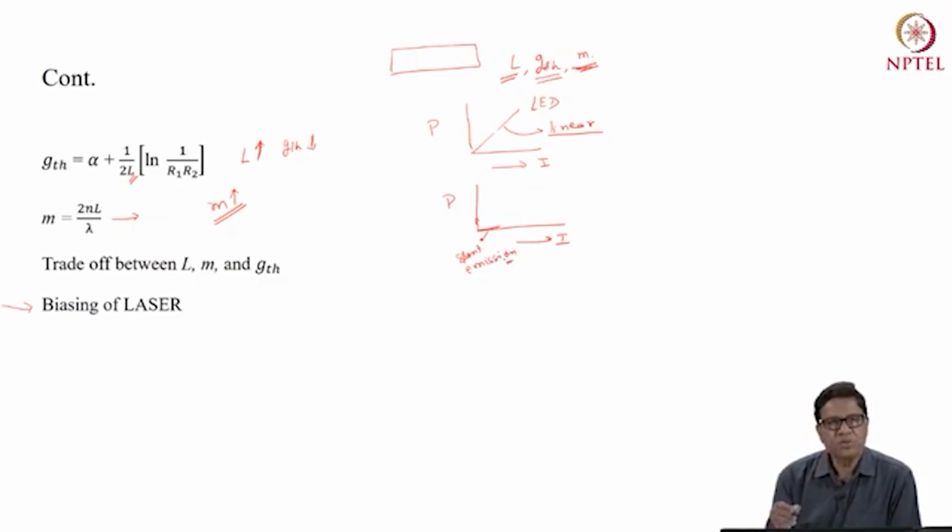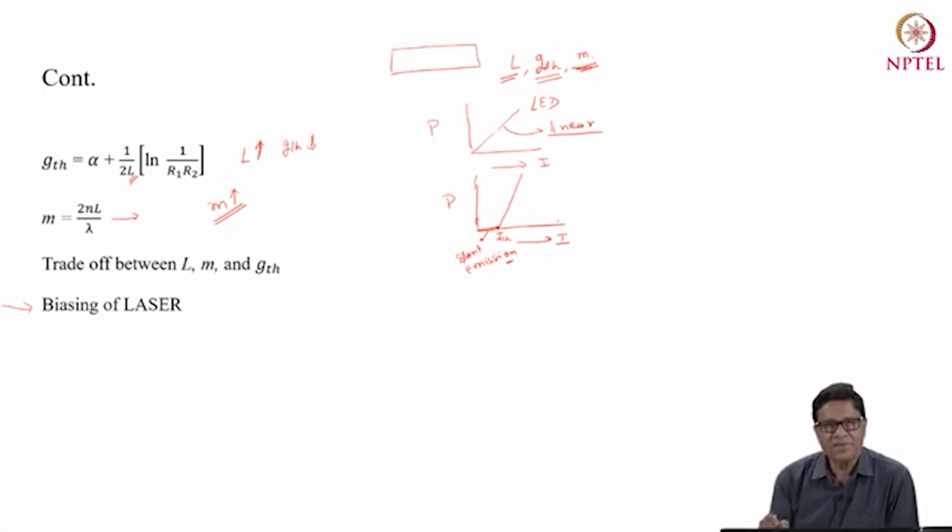As soon as you are able to achieve the population inversion, the stimulated emission kicks in. And as soon as the stimulated emission kicks in, there is a sharp increase in power. So there is some threshold, ITH. After that, there is a sharp increase in power. So this is a typical characteristic of a laser diode.